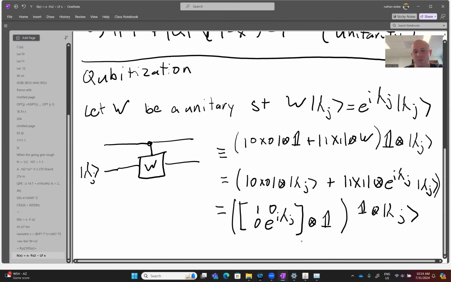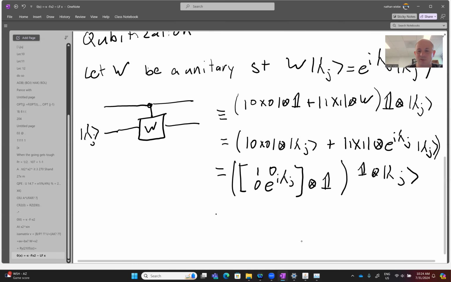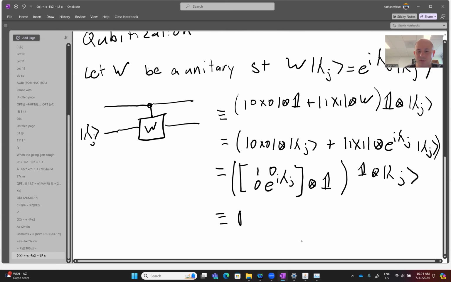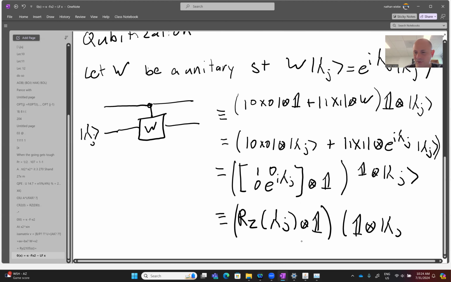Okay, so this means that this is equivalent to RZ of lambda j tensor identity acting on identity tensor lambda j.